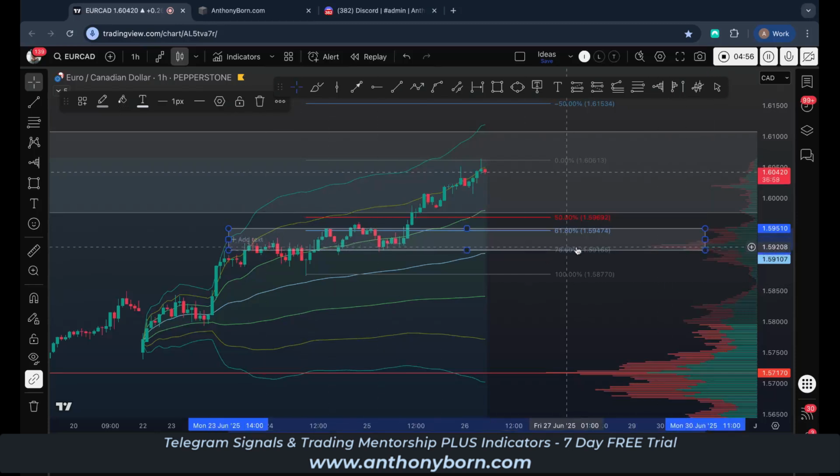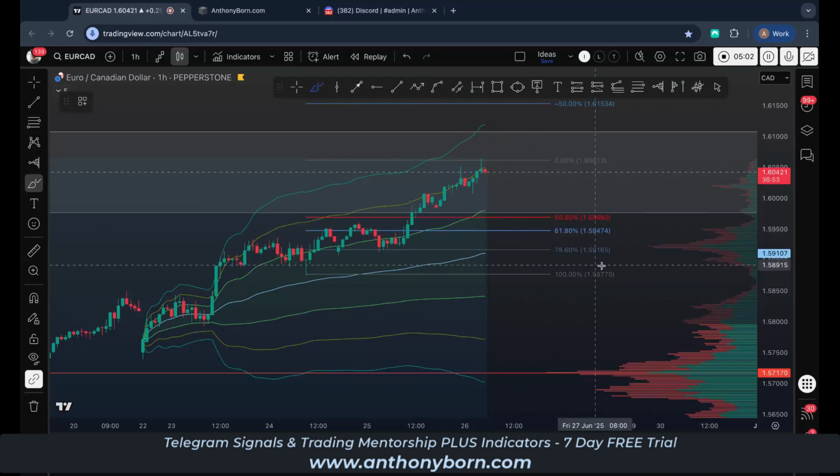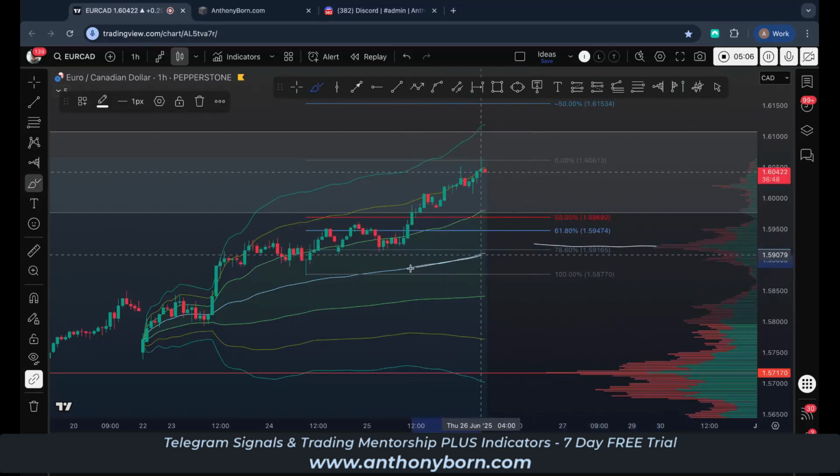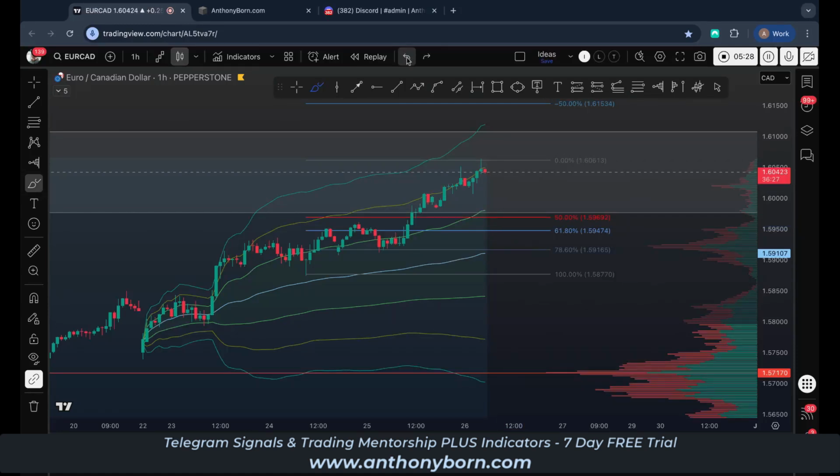That's big support, and it all comes together. You've got this node, you've got VWAP, you've got a Fibonacci retrace, all coming together into a point of interest here or here that I'd be looking at to get involved. That's one way you can map things out and plan your trade.